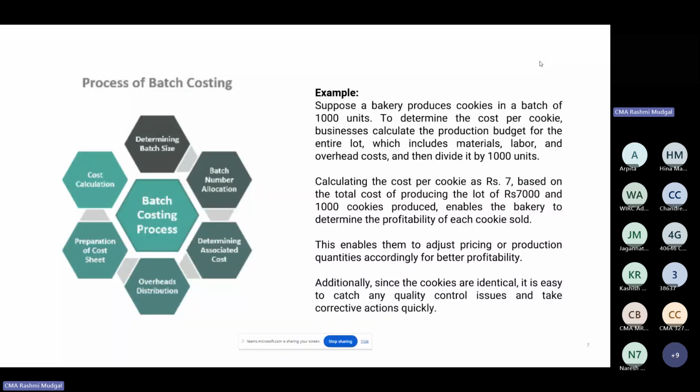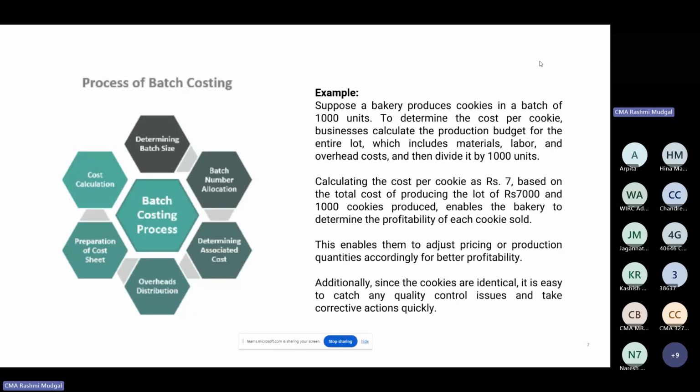Then we prepare the cost sheet, and then we calculate the cost as per the batch size, because we want to know that if my machine runs once, how much cost it will take and how much production will come. This is related to my batch costing.